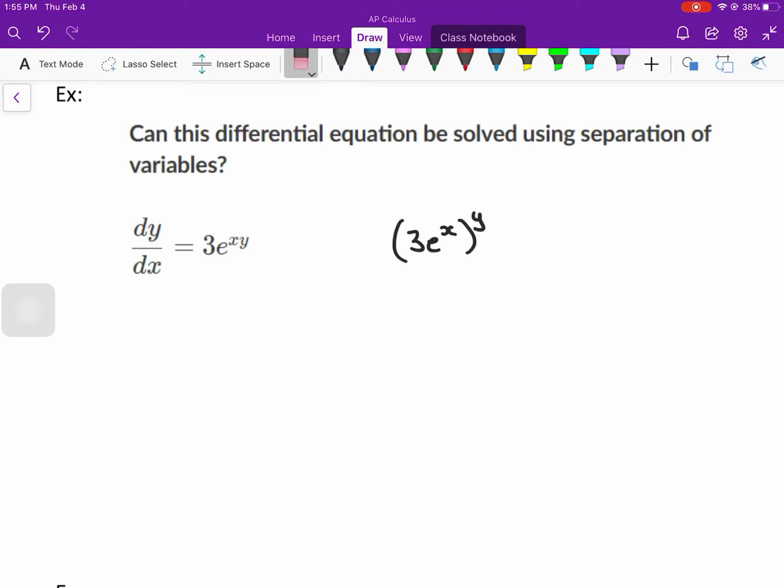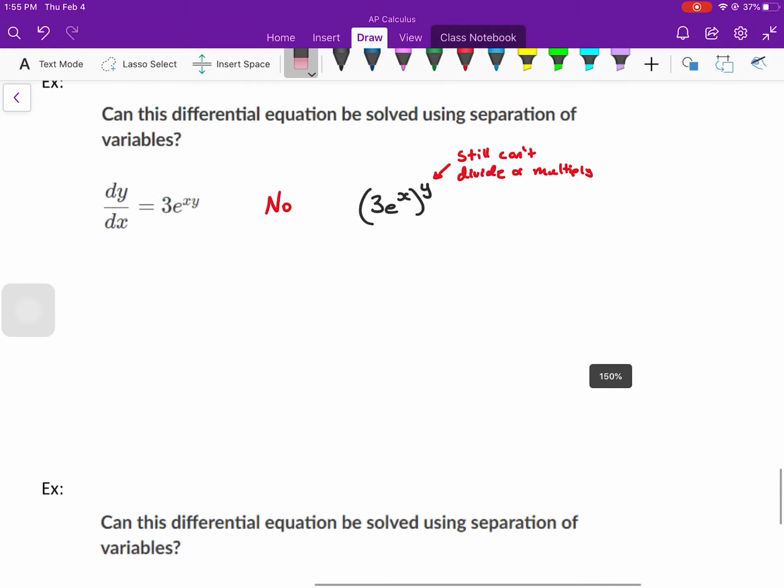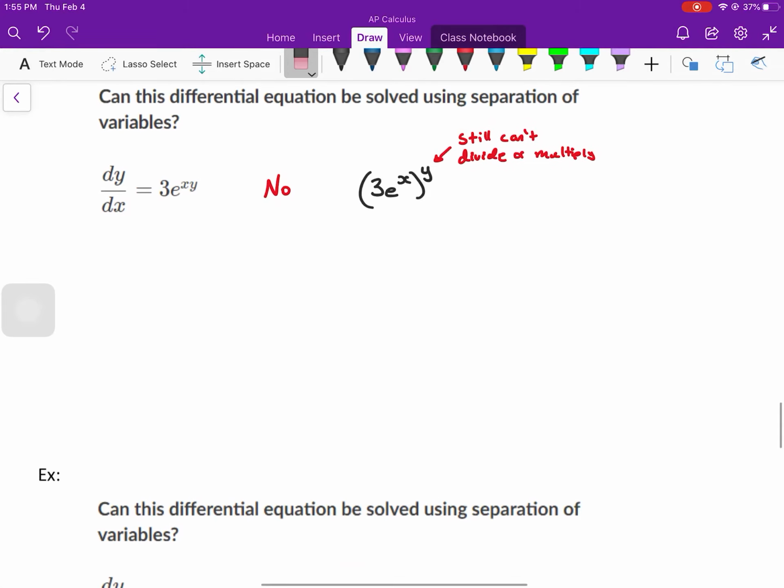So this one's going to be a no. I might as well just leave that as reference. It can't divide or multiply to get the y function by itself.